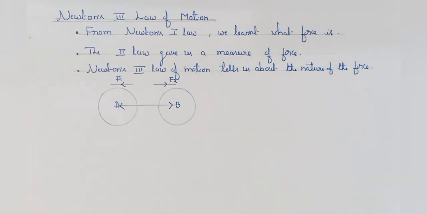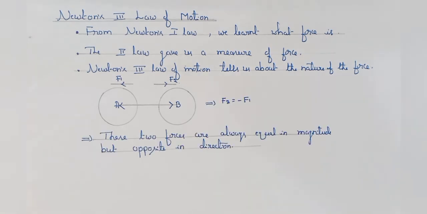According to this law, when an object A exerts a force F2 on another object B, then the object B also exerts some force F1 on the object A at the same instant. These two forces are always equal in magnitude but opposite in direction.